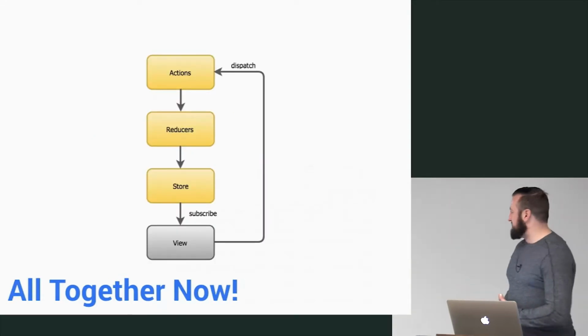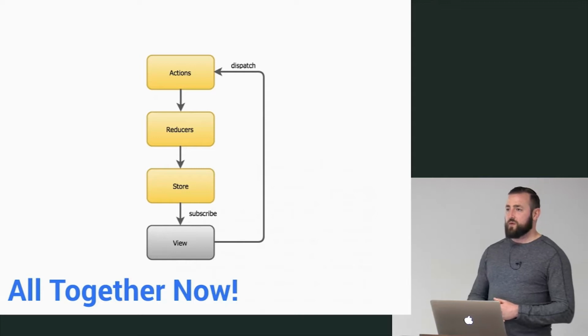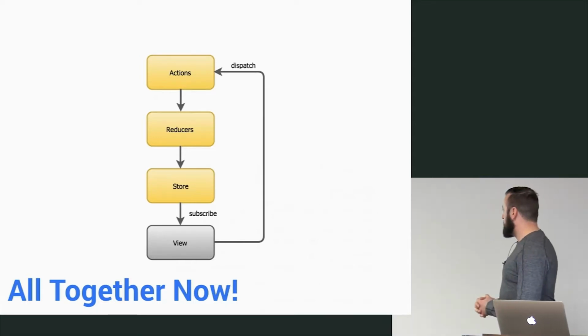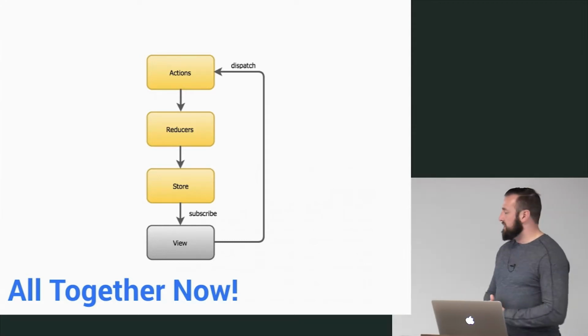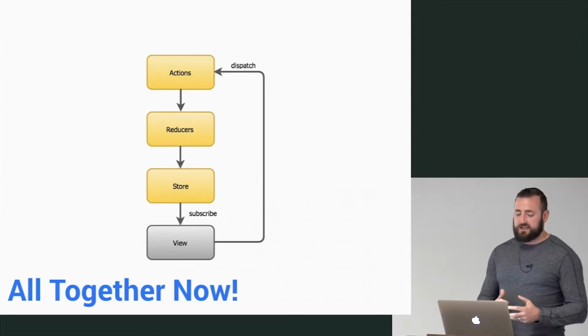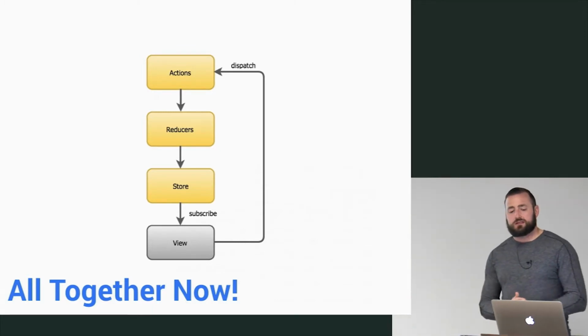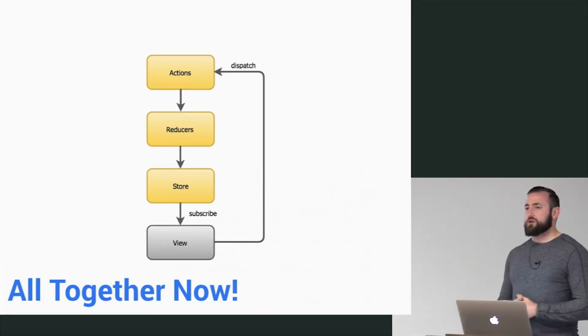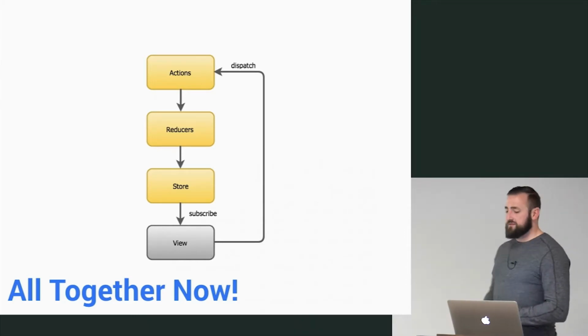Gerard Sans is incredibly prolific, and I think we are both quite huge fans of Redux, NGRX, and reactive workflows. He has some really great posts. I'll add this into a final resources list, but he had a pretty good graphic that I think also illustrates this: you have your view at the bottom.